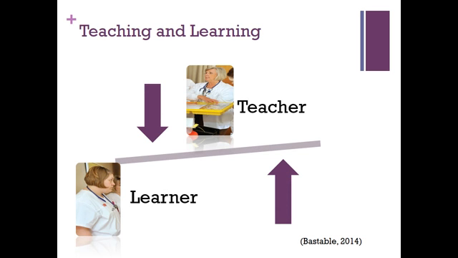The learner, not the teacher, is the single most important person in the educational process. During the learning process, the teacher can have a critical influence on learning through role modeling.